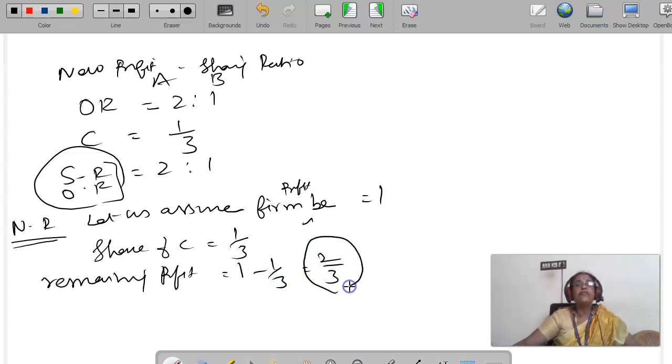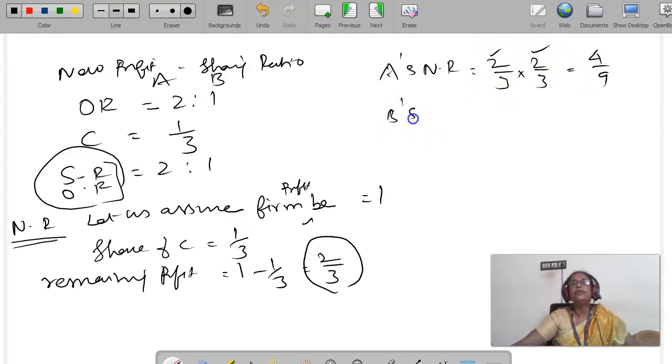The remaining profit is shared between A and B in the old ratio. So A's new share is equal to 2/3 into 2/3. 2/3 is the old share, 2/3 is the remaining profit. So 4/9.